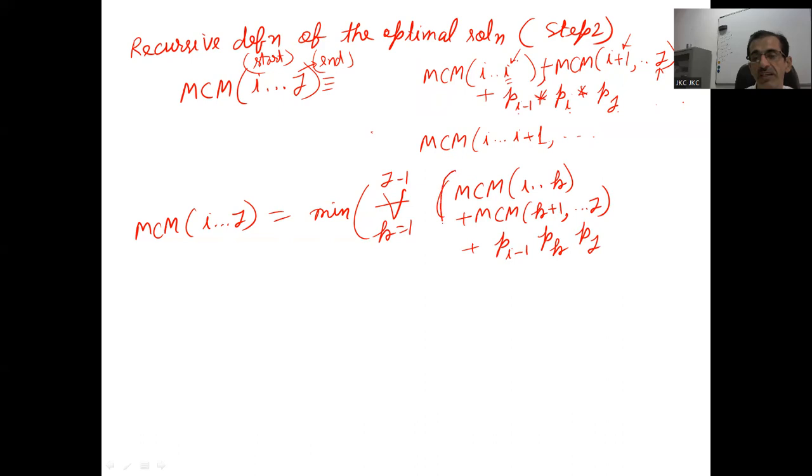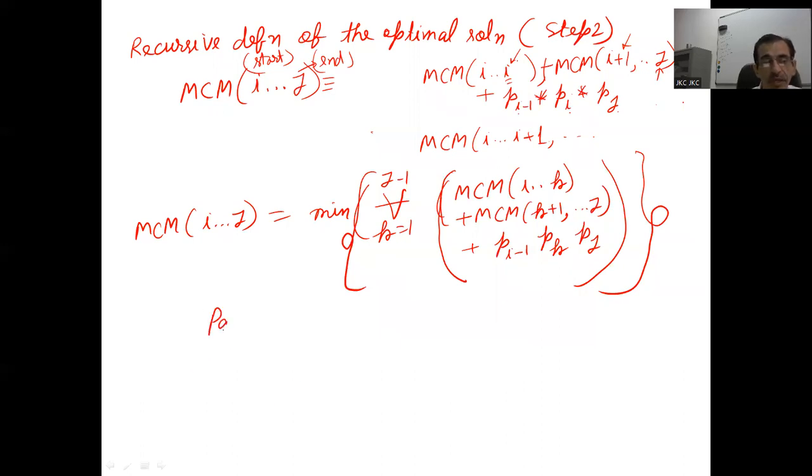Effectively, this becomes the overall value for each k, and I have to find the minimum out of all these values. And this is easily programmable using recursion.